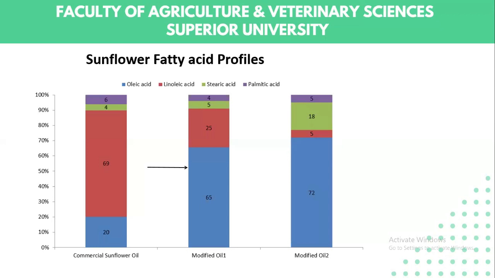Olive oil also contains 50 to 60% oleic acid, and it is the tastiest oil among the oilseed crops. Another good oilseed crop in Pakistan, which has very low yield potential and is present in the arid zone, is sesame. Sesame is also a very good oilseed crop.